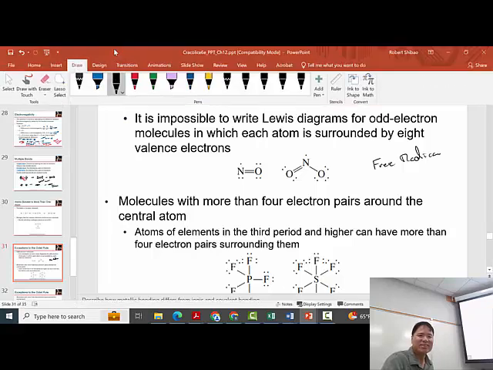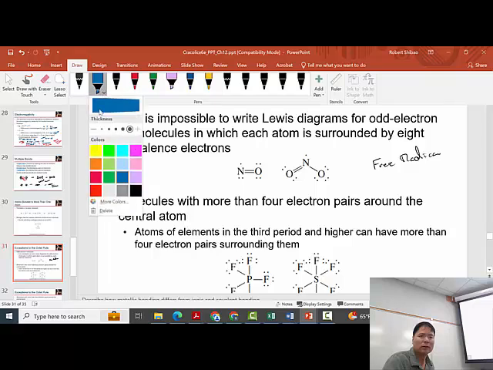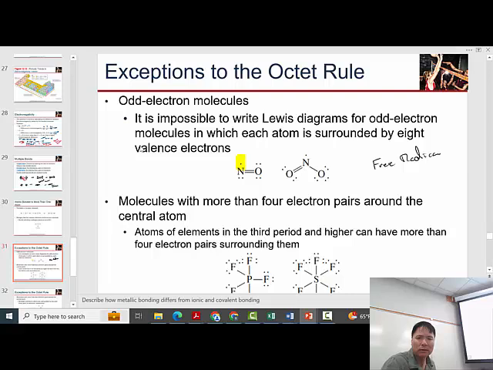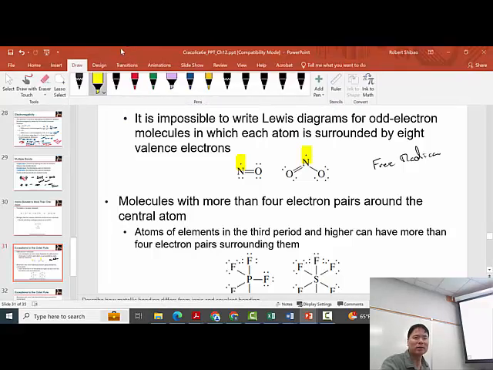Free radicals are going to have this single electron here. You see it here. Those single electrons we call like dangling bonds. They're reactive. Free radicals are reactive because they want another electron.